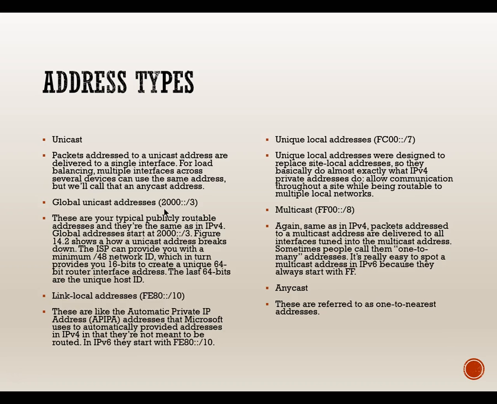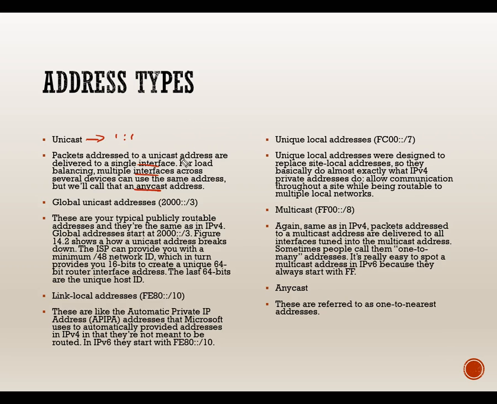I don't know about you, but the address types are things that are going to be important to us. Unicast is still a unicast. It's a one-to-one routable IP address. Unicasts are delivered to a single interface. For load balancing, multiple interfaces across several devices can use the same address, but we'll call that an anycast address.